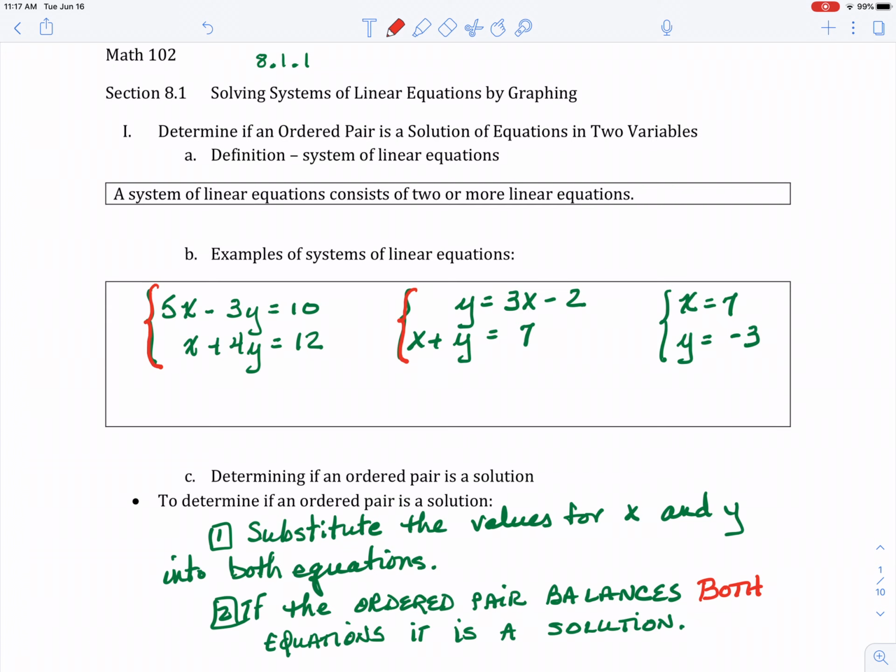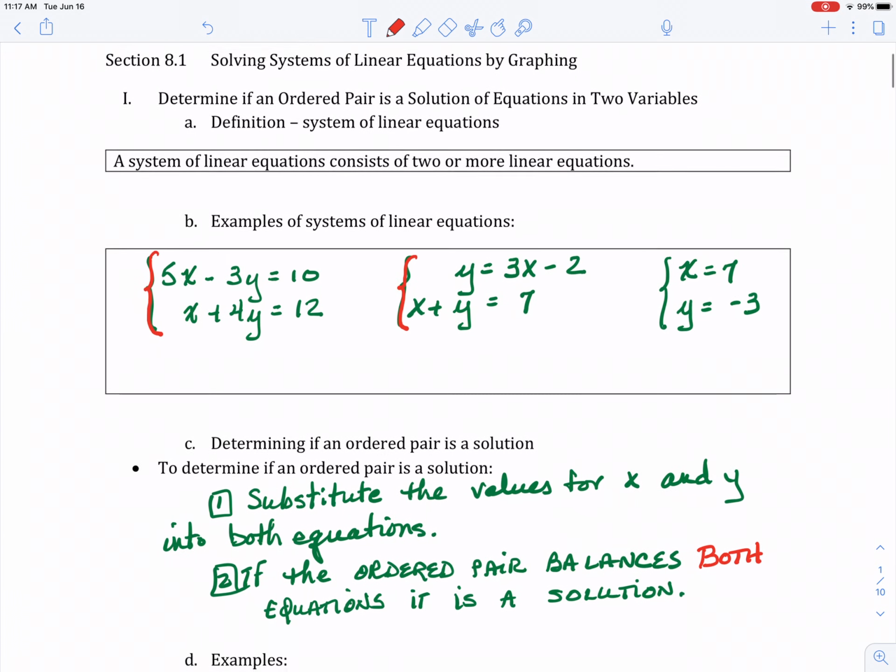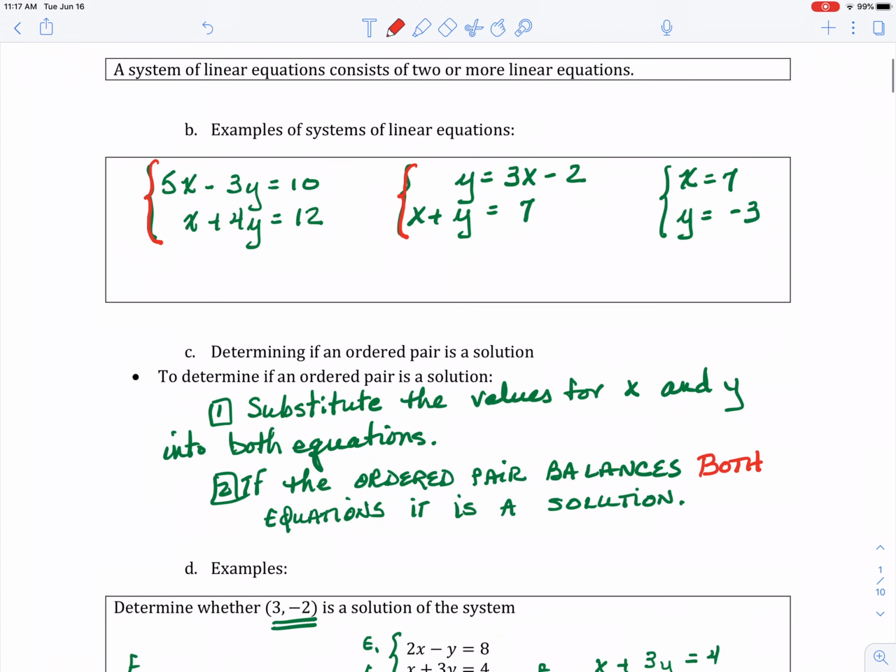All right, so the first exercise that we go through here is to give you a solution, and these solutions are going to be in terms of ordered pairs. It's going to be an XY solution. So to begin with, you'll be given an ordered pair, and you'll be asked to determine if that ordered pair is a solution.